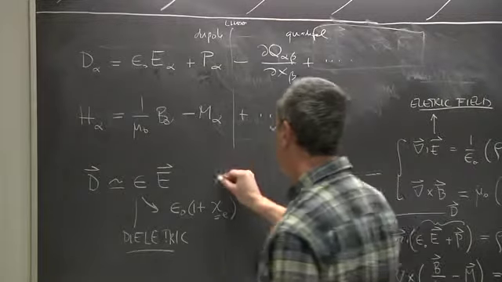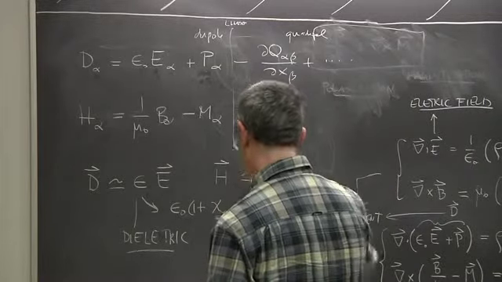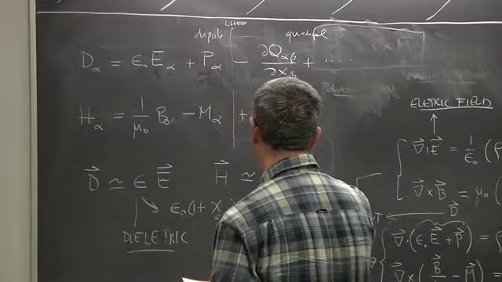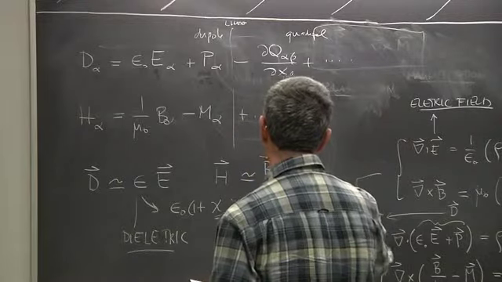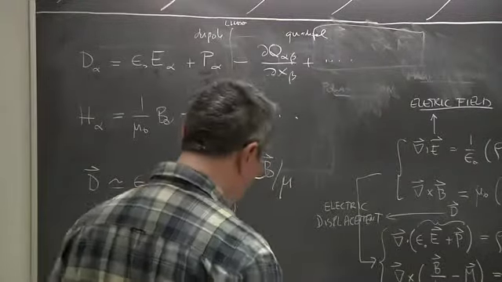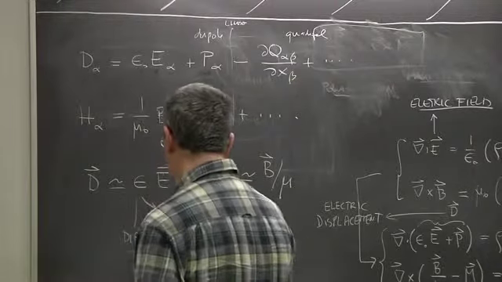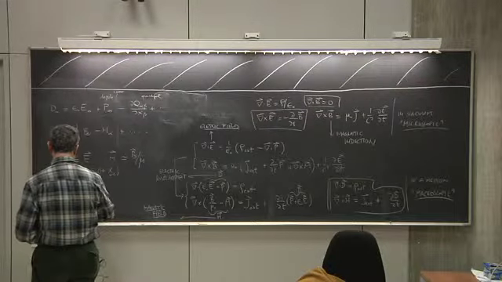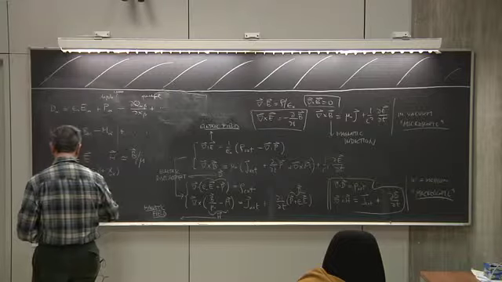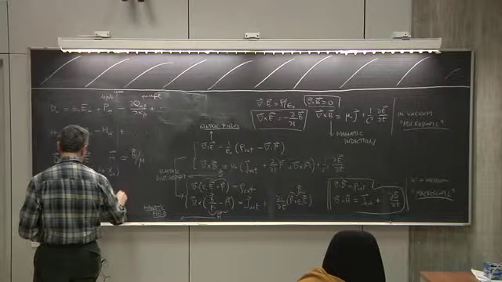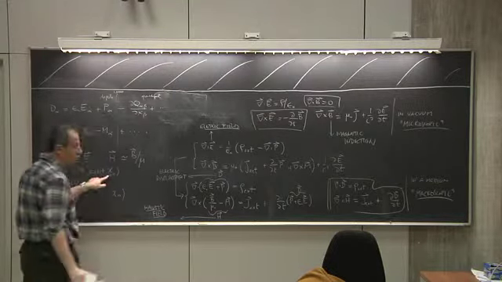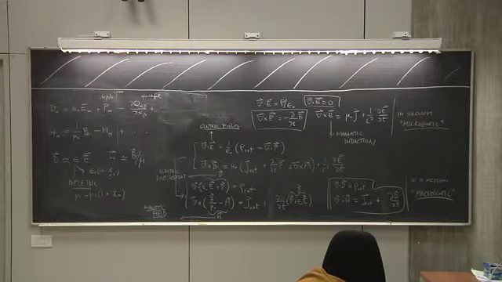And similarly for the magnetic field, I can do the same trick, right? I can write it as a new constant mu rather than mu naught, and again mu is equal to mu naught (1 plus this), I think it's called susceptibility.